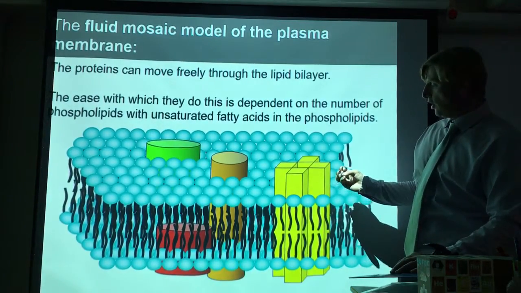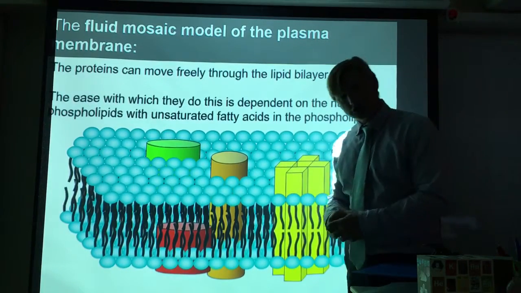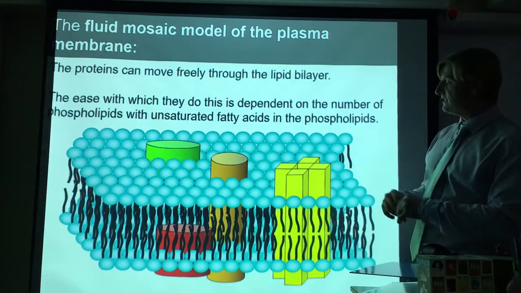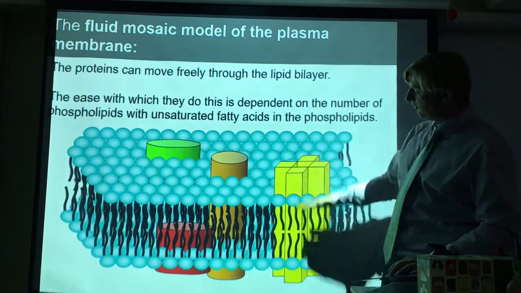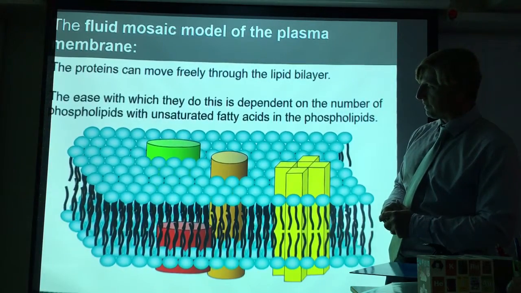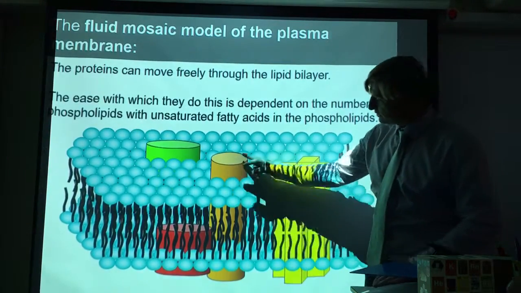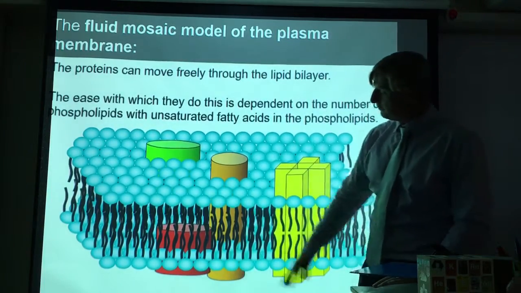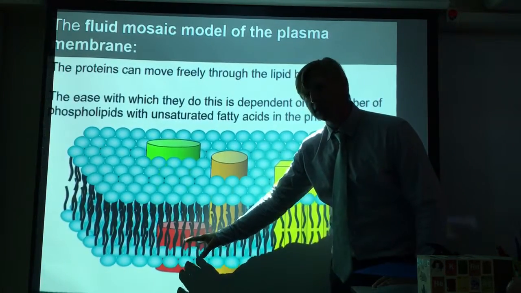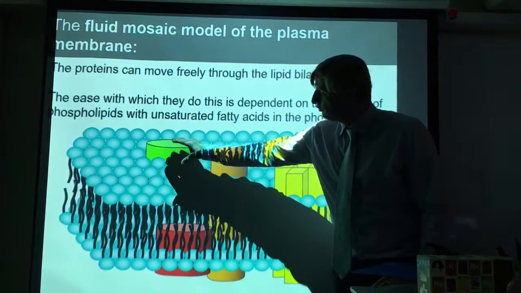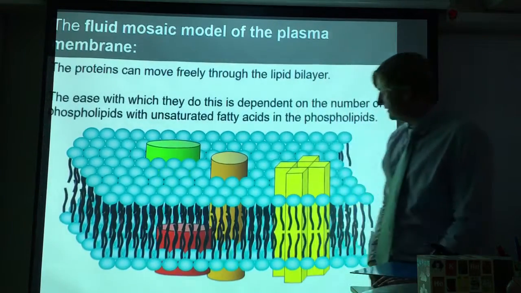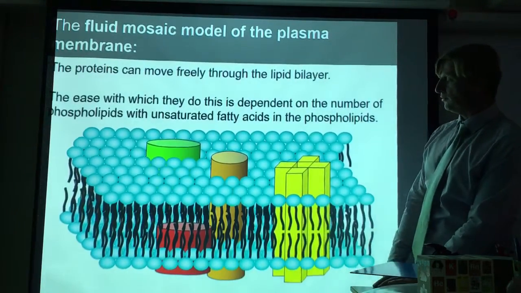And proteins will have different functions, and they will have different levels of passing through the plasma membrane. So, for example, this one passes all the way through in the middle, but this red one is just on the intracellular side. This one here is simply on the extracellular side, and this one passes all the way through.